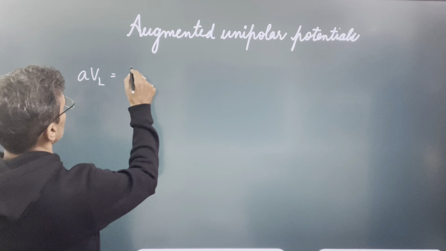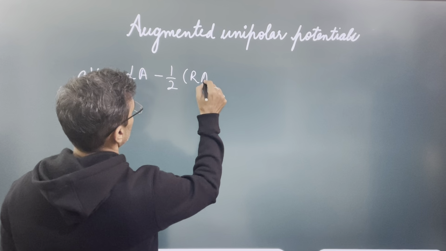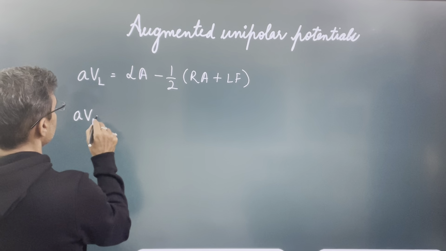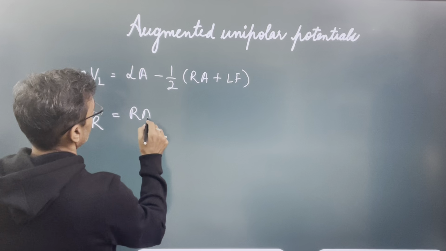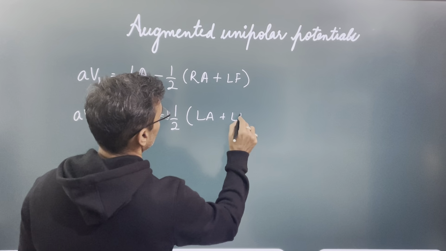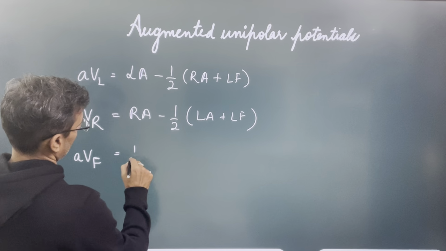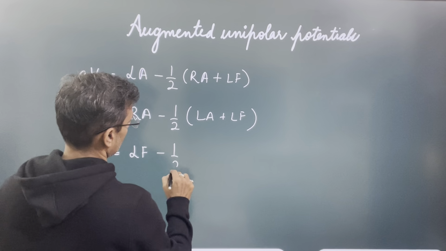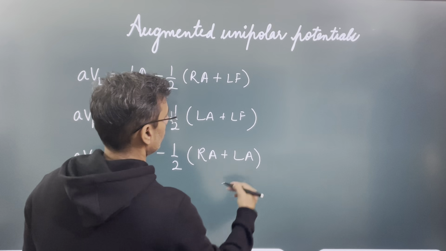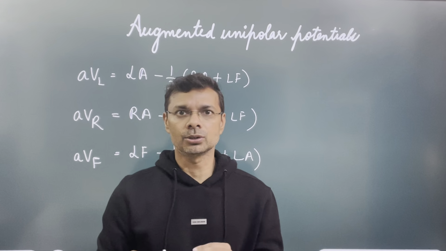AVL is equal to LA minus half (RA plus LF). Similarly, AVR is RA minus half (LA plus LF), and AVF is LF minus half (RA plus LA). So now we have the potentials of unipolar leads and augmented unipolar leads.